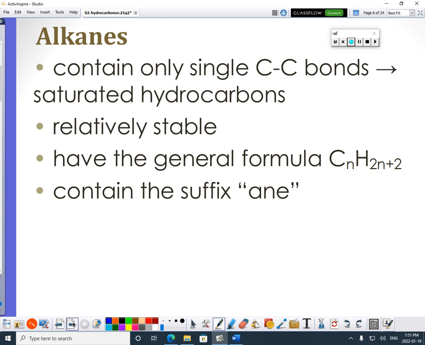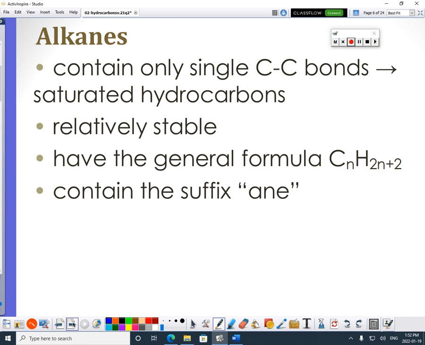So again, this general formula is true, but apart from this slide here, we're never going to be concerned with it again. But you can use this to check your answer if you want. If you have 2 carbons here, then that means you would have 2 times 2, which is 4, plus 2, or 6 hydrogens. But we're not really going to focus on what the chemical formula is.